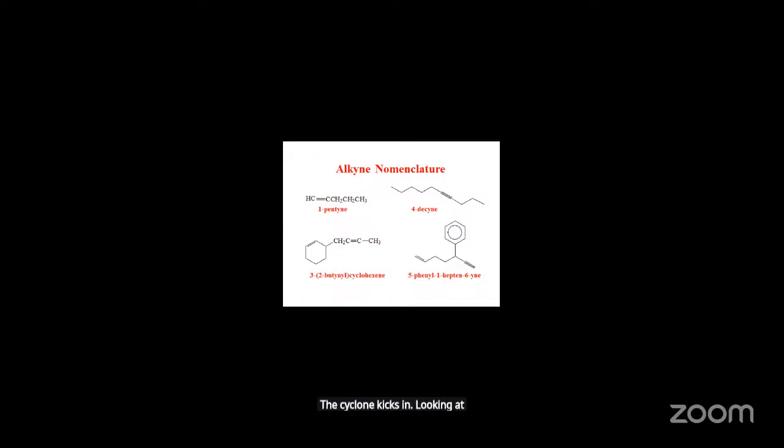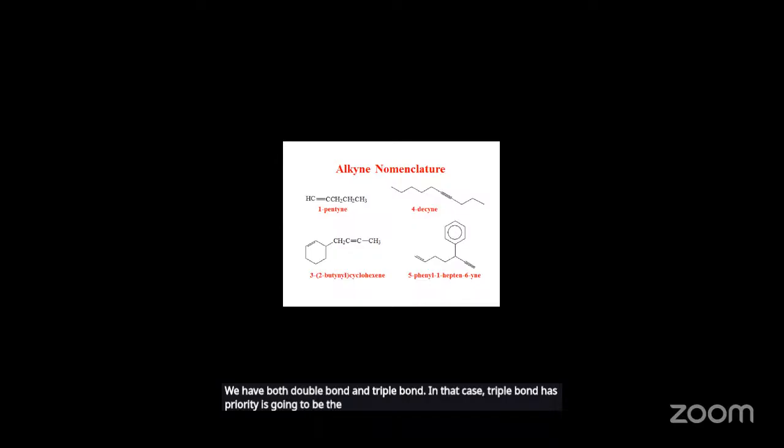Looking at the last structure, we have both a double bond and a triple bond. In that case, the triple bond has priority and is going to be the parent, while the double bond becomes a substituent.